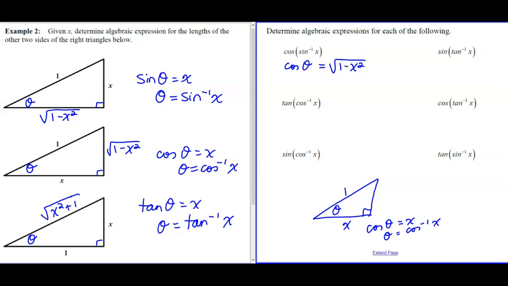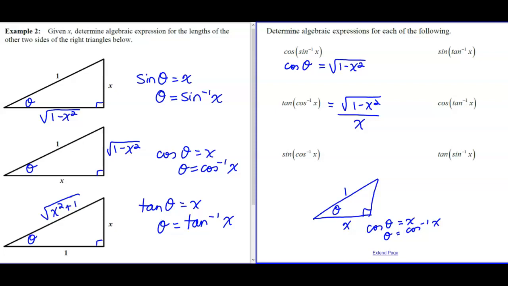Now to find tan, I need opposite over adjacent. So based on the Pythagorean theorem, the opposite here is the square root of 1 minus x squared, and adjacent is x. So I would just do this on the side.